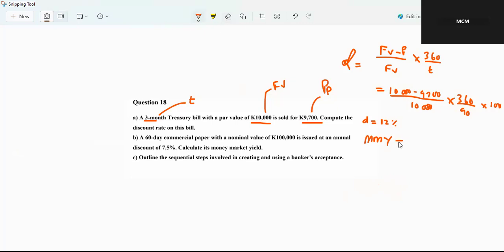So the money market yield is what? Par value or face value minus issue price, over issue price, times 360 over time.